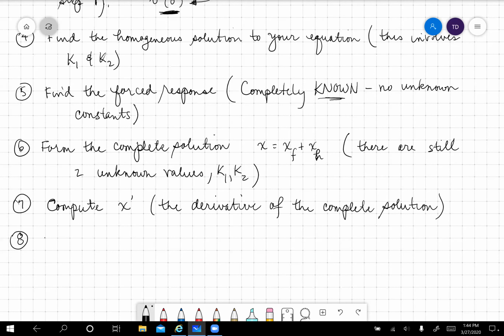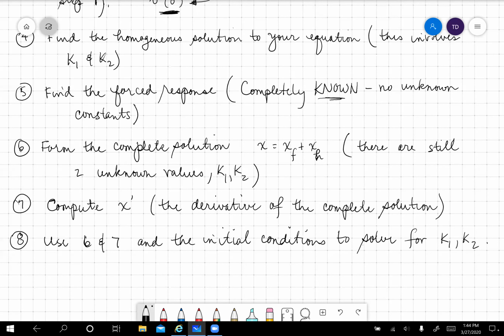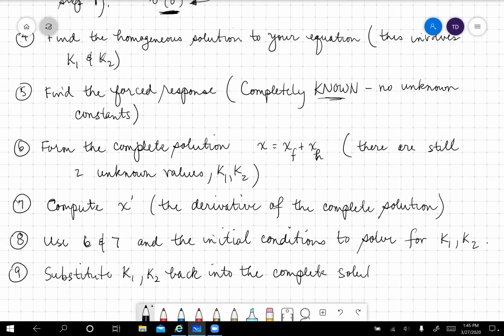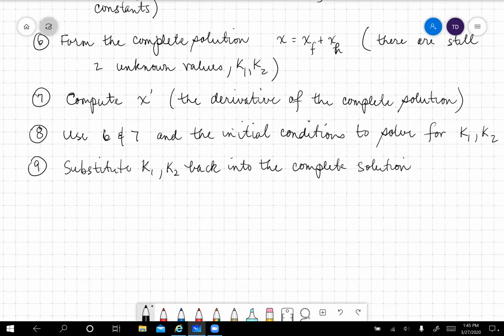Then 8, use 6 and 7 and the initial conditions to solve for K1 and K2. 9, substitute them back into the complete solution, and you're done. Okay, here's step 10. Probably the most important. Reward yourself and go get an ice cream.